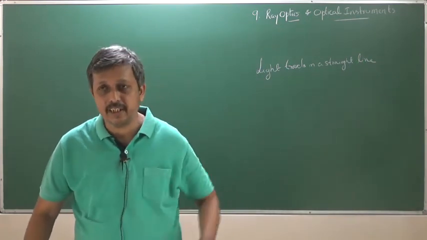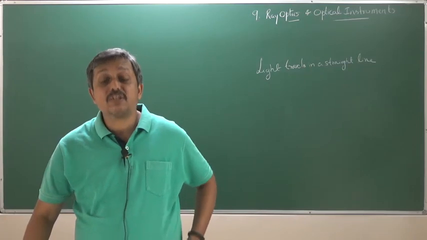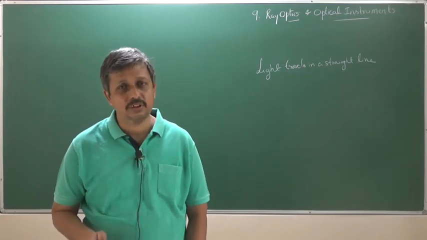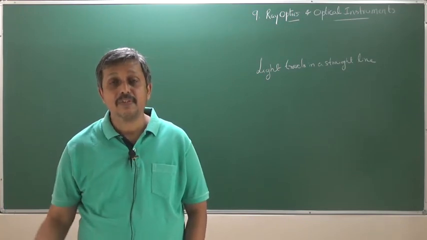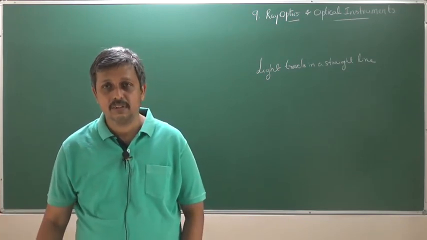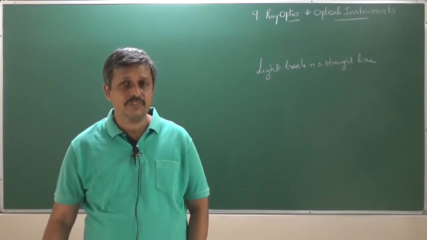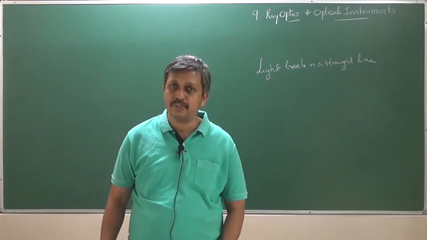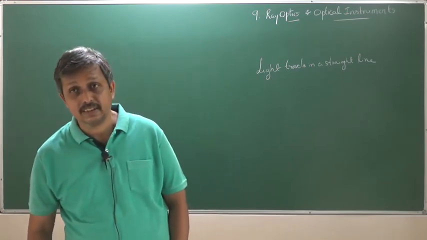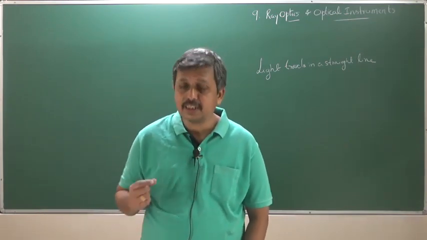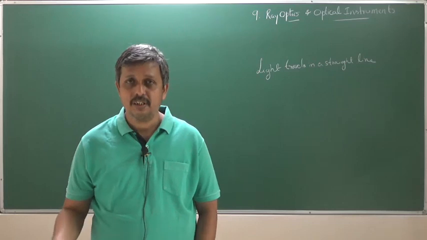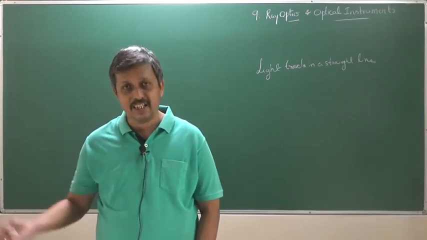Light travels in a straight line. But is this true? It's a question. Does light really travel in a straight line? Now we're going to question that. We will get into some experiments here and realize that it is not necessarily true. However, it is just an approximation of the path of light.